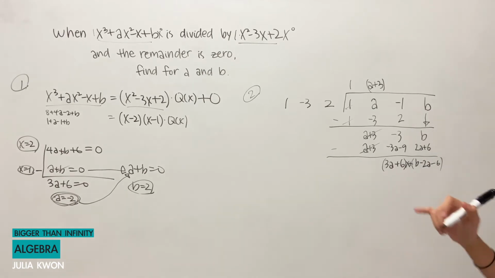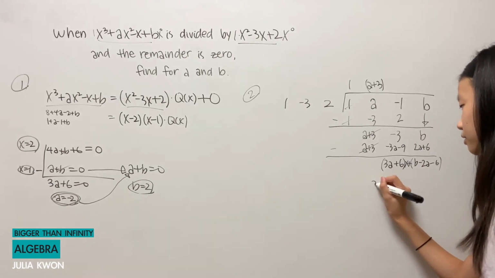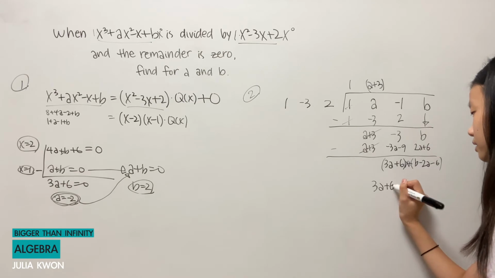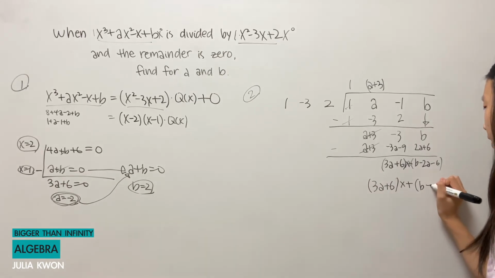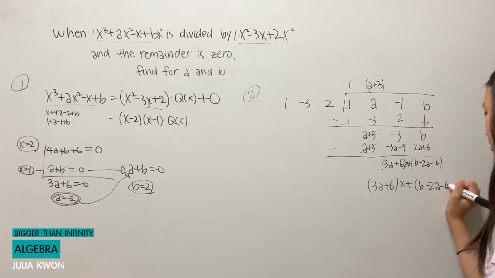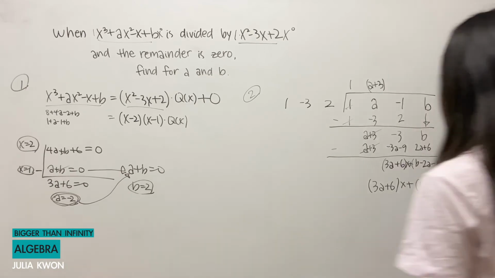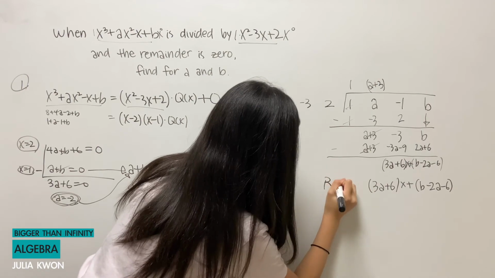So since this is kind of munched up together, I'm going to rewrite it. 3a plus 6 times x plus b minus 2a minus 6. So this is our remainder, I'll just call it r.